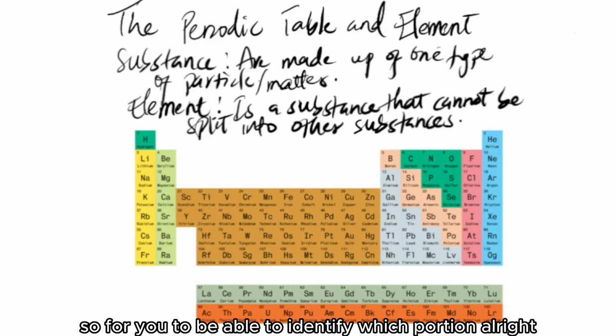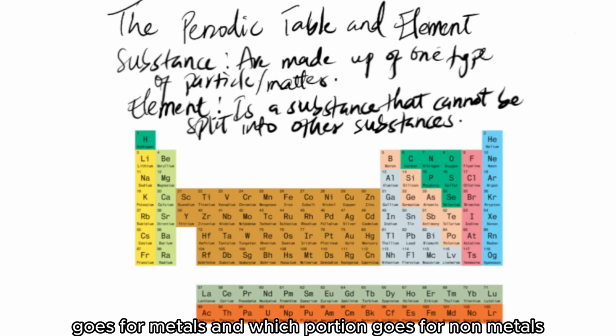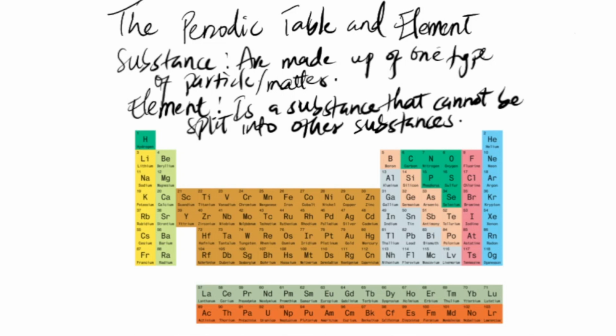For you to be able to identify which portion goes for metals and which portion goes for non-metals, there has been a provision made, but most often it's not present on the periodic table. So you have to basically draw it. It's basically like a step, where it starts from boron.